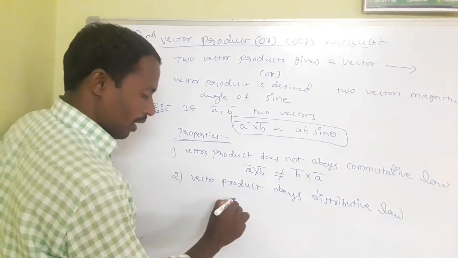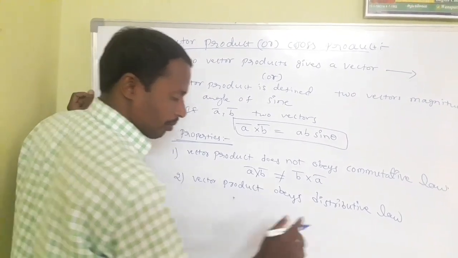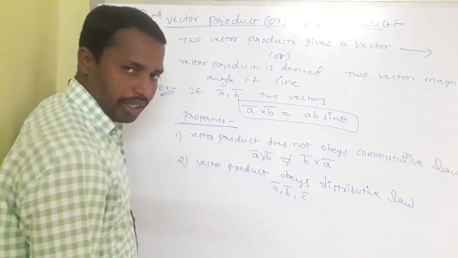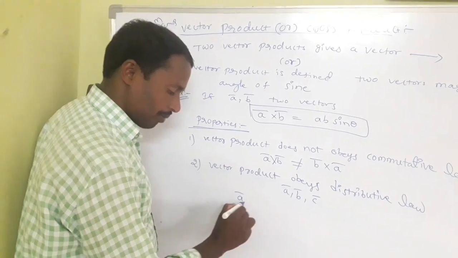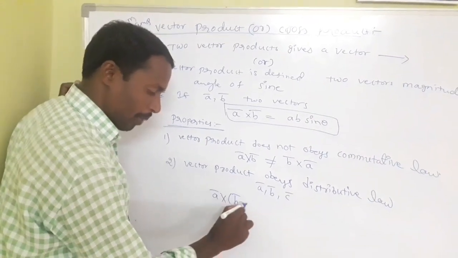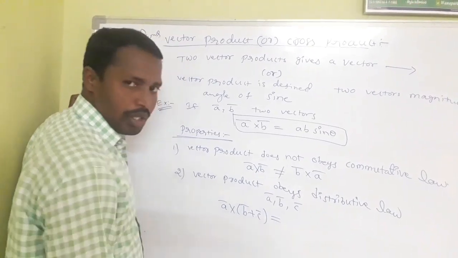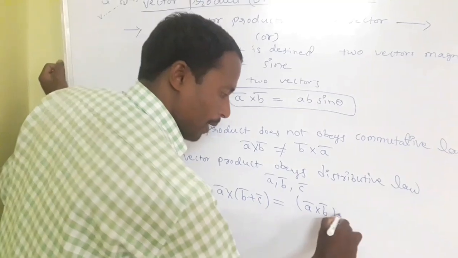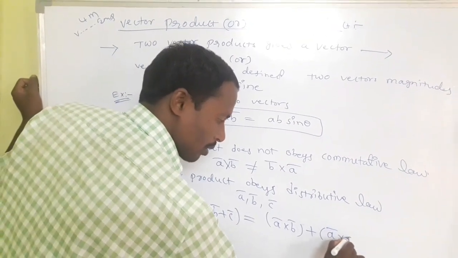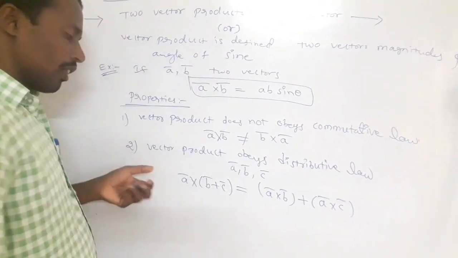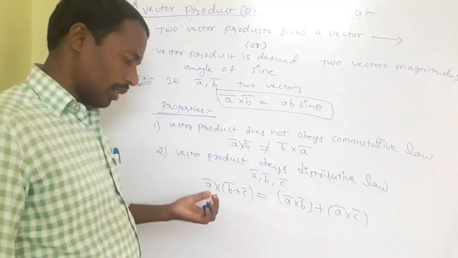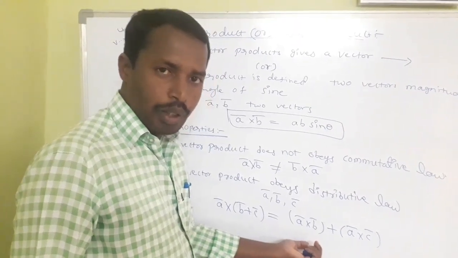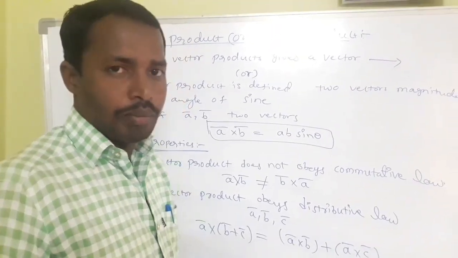For example, if a bar, b bar, c bar are three vectors, then a bar cross (b bar plus c bar) is equal to a bar cross b bar plus a bar cross c bar. So vector product obeys the distributive law.